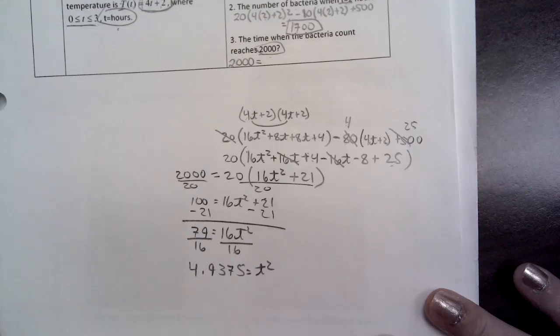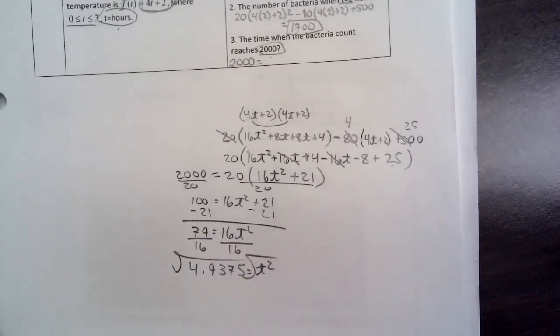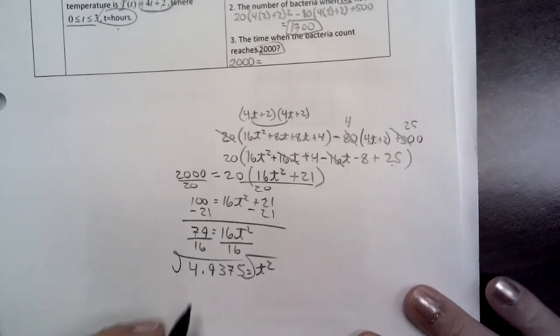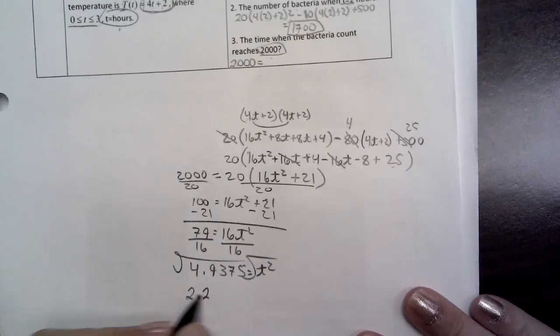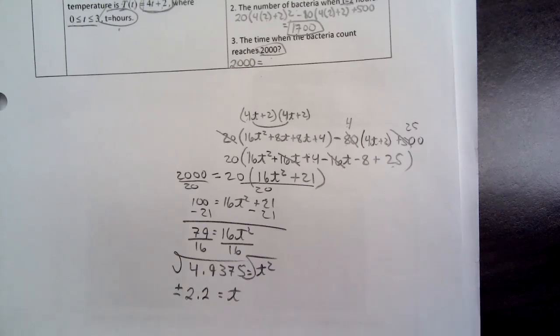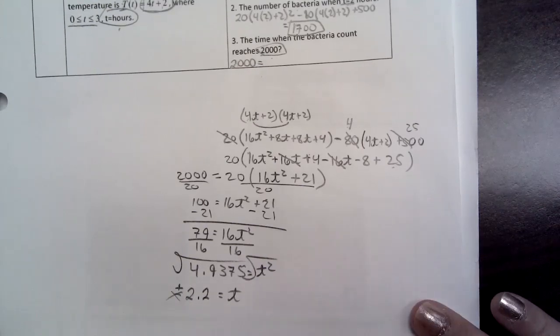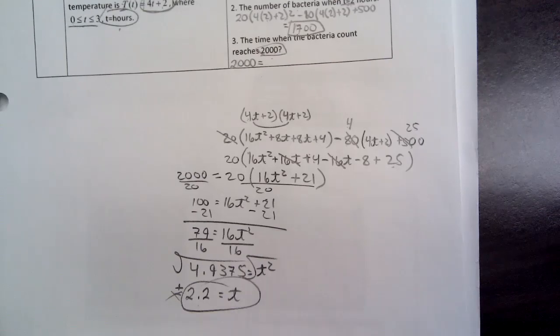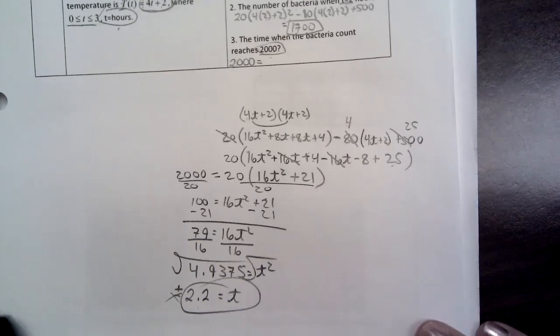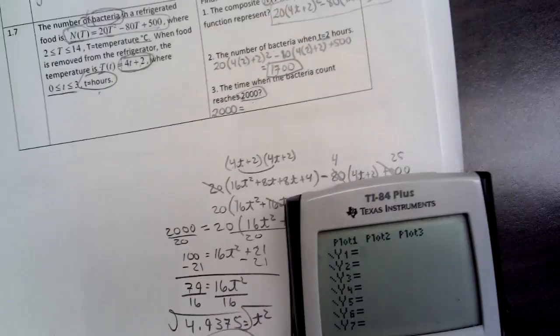Now I have to take the square root of both sides, and I get plus or minus 2.2 equals t. Can time be negative? No. So my t then is only going to be about 2.2 hours. And remember, you could also do this on your calculator if you wanted to.